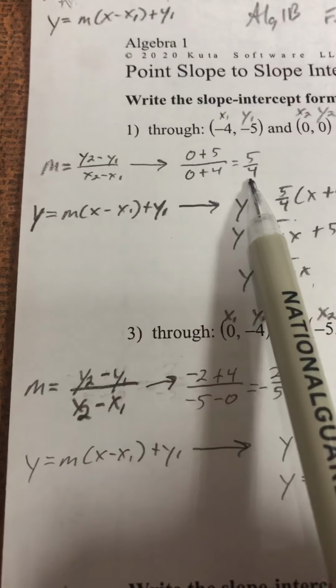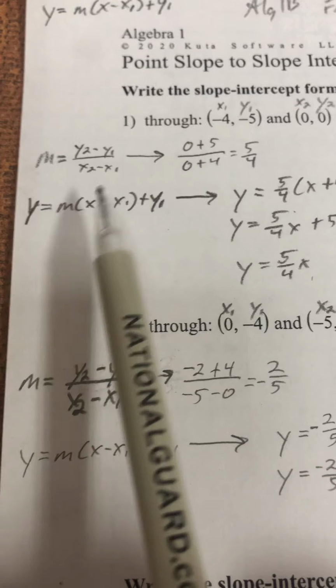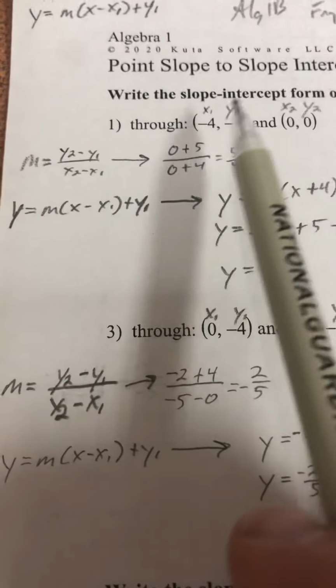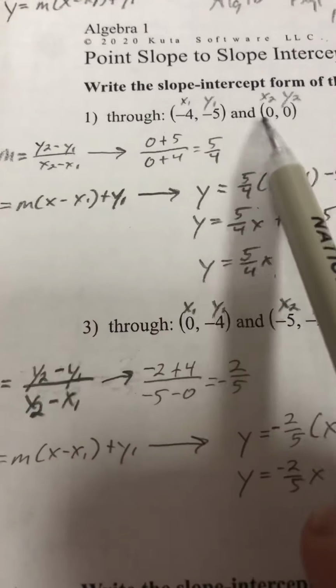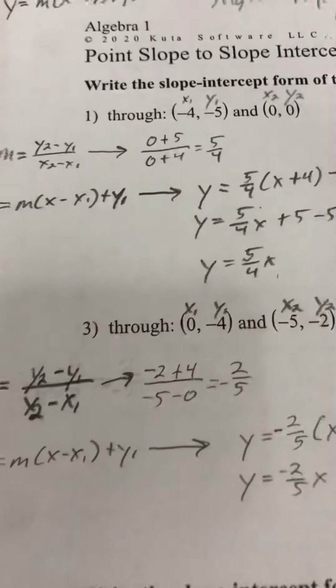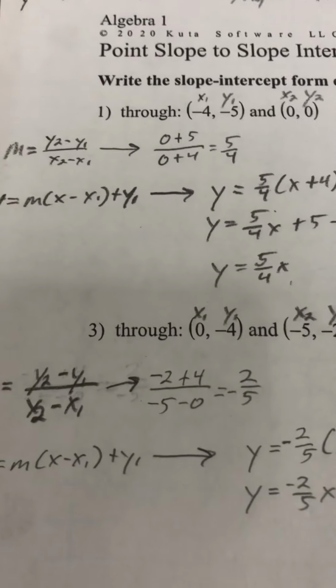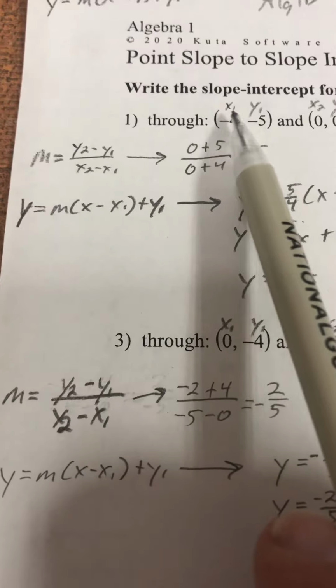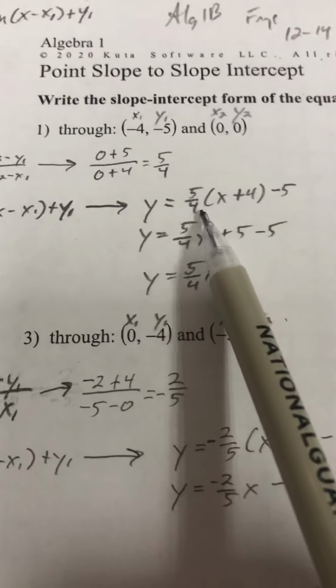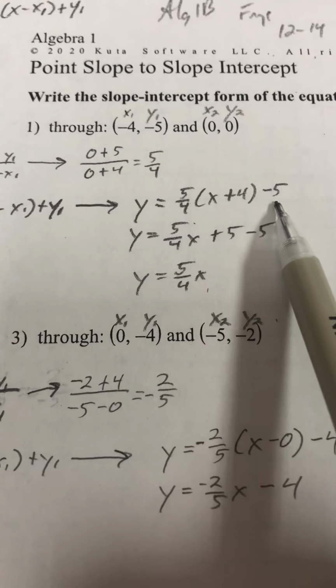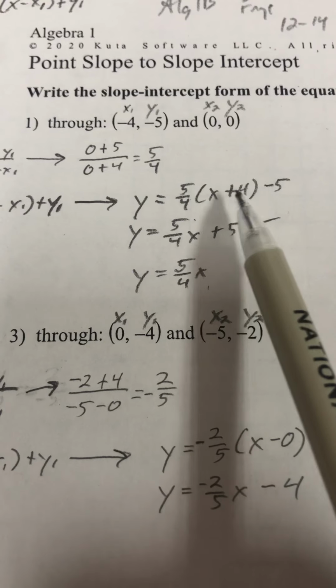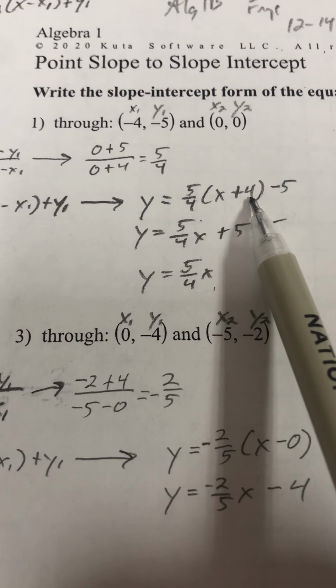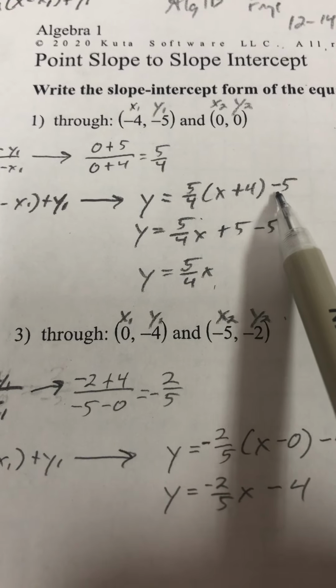That's my slope. I'm going to use this formula now and plug in my x1 and my y1. You could pick these two also; you'll get the same answer in the end. But I already have these labeled x1, y1, so I went and did it. Now, subtracting a negative becomes a positive. Adding a negative becomes a negative.